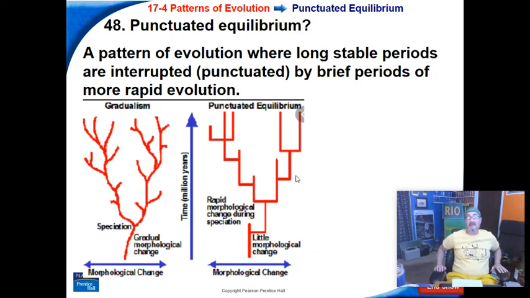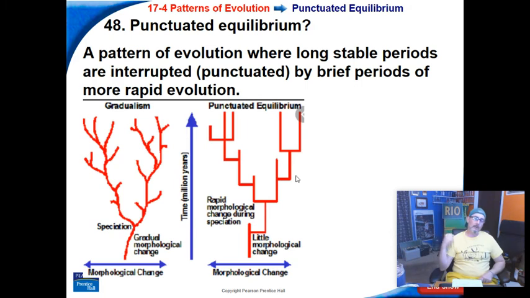This could be like catastrophes in environments like hurricanes or flooding, basically where certain organisms get wiped out. Even mass extinction events could lead to this. So you're not going to have a whole lot of change, but then all of a sudden you have all these habitats that open up, and then organisms are going to scramble to fit into these different niches, and that's going to allow them to evolve by natural selection, choosing the characteristics that are successful and choosing the ones that are not.